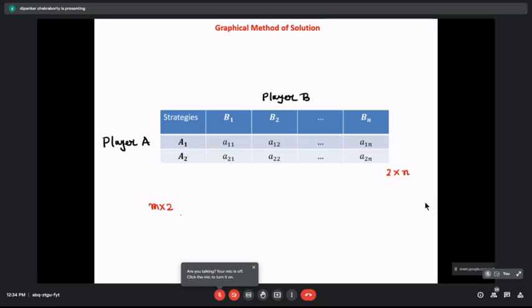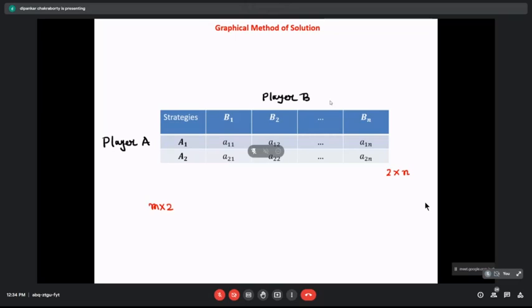Only for these 2 types can we use the graphical method of solution. Clear to you? When can we apply the graphical method of solution? If either player, A or B, has only 2 strategies. If you have this kind of game, then only you can apply the graphical method. Clear to you?